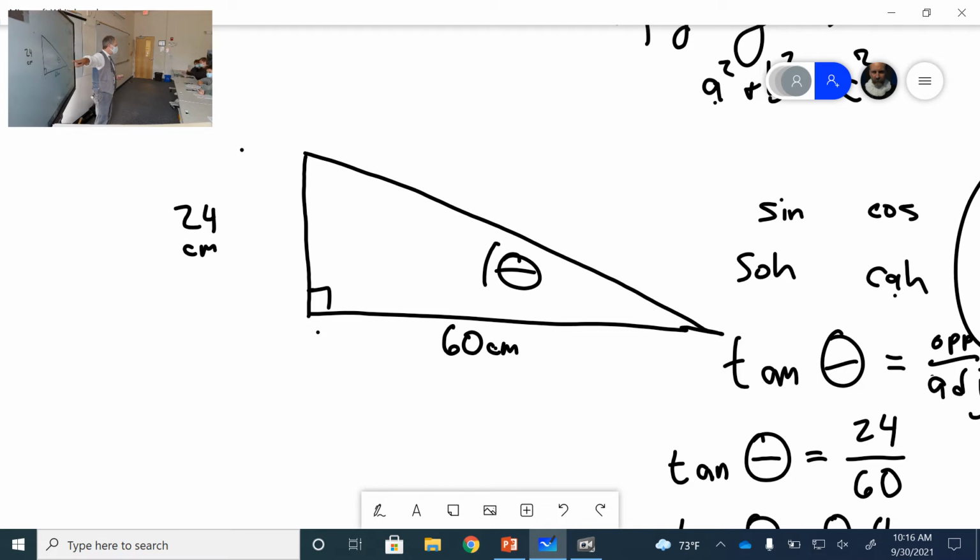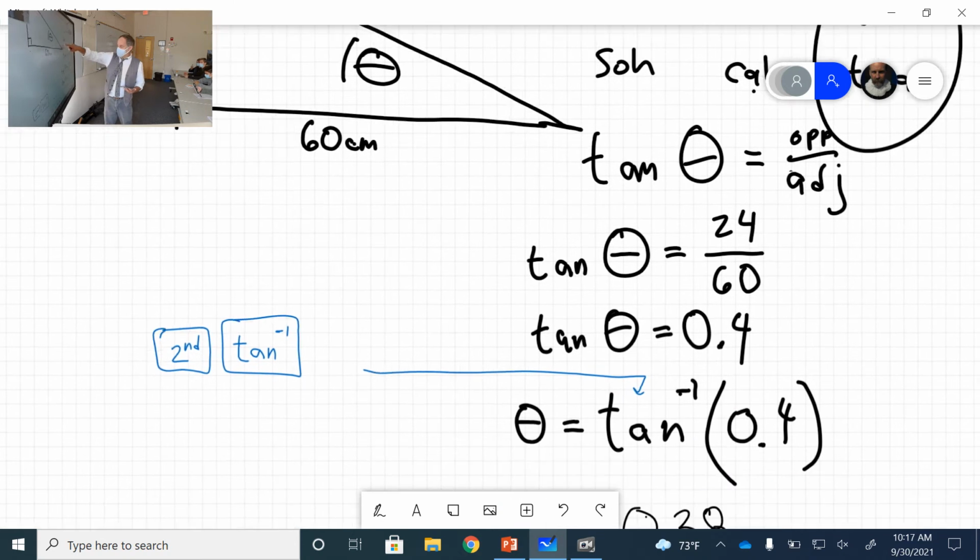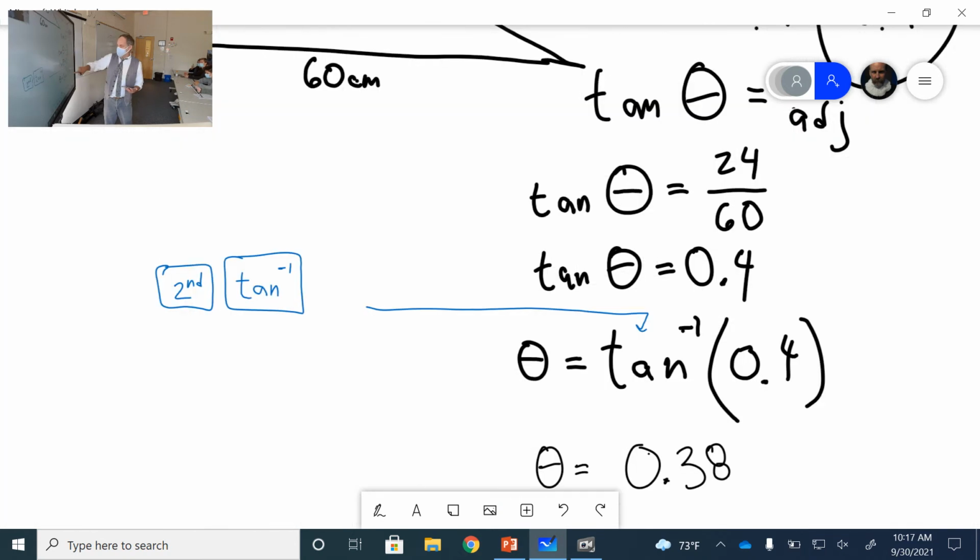It needs to be multiplied by 100. I got 21.8. Radian mode. A lot of times in math, they want you in radian mode. So one of the things you want to be careful about when you're doing this is make sure you're in degree mode.